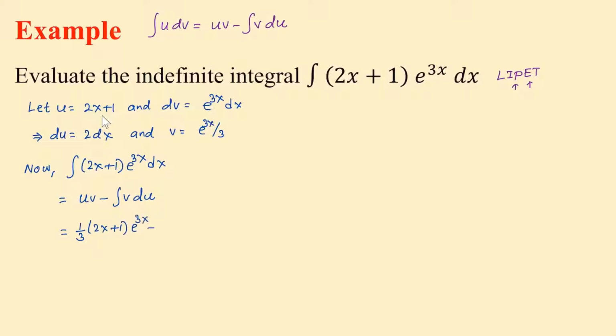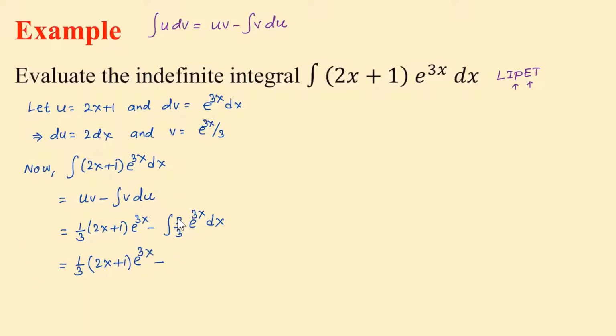Then minus the integration of v du. v is e to the 3x over 3 and du is 2 dx. If we multiply, it will be 2/3 e to the 3x dx. In the next step, we write the first one as it is, 2x plus 1 times e to the 3x, then minus.